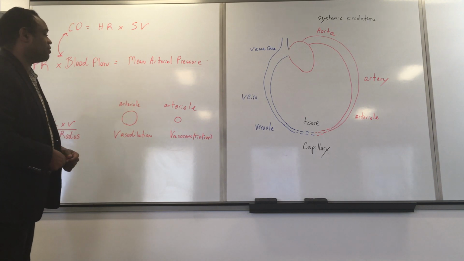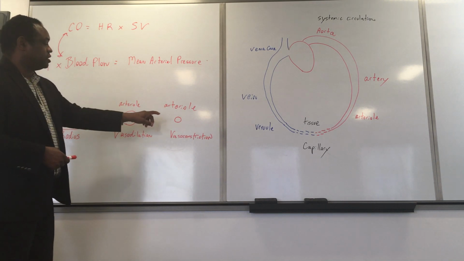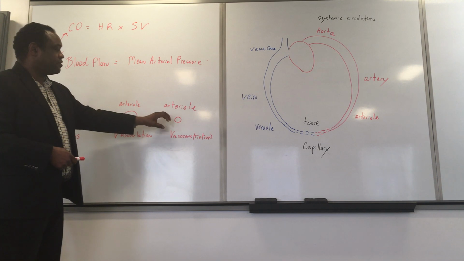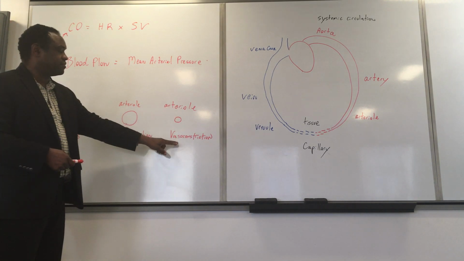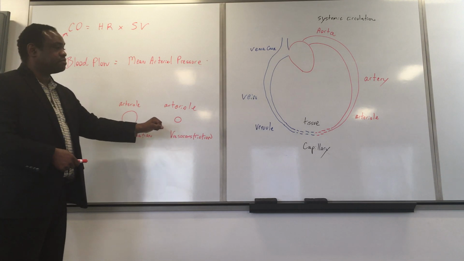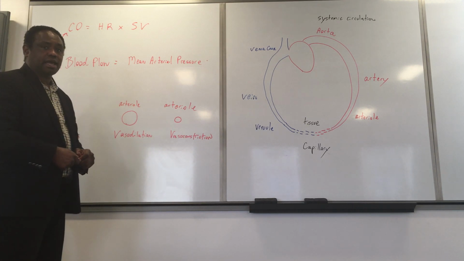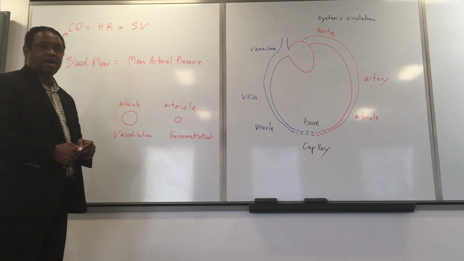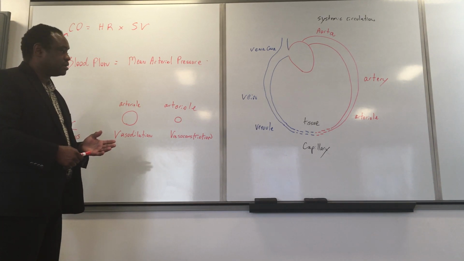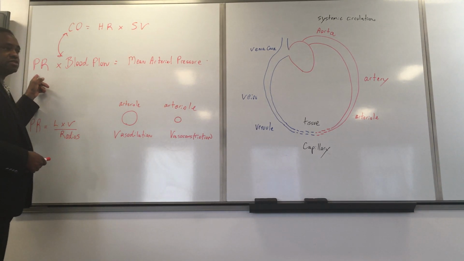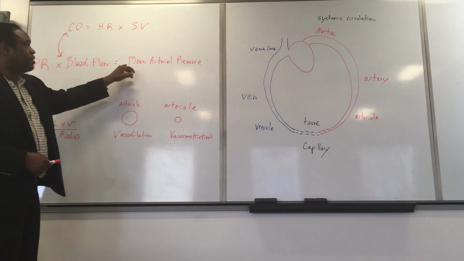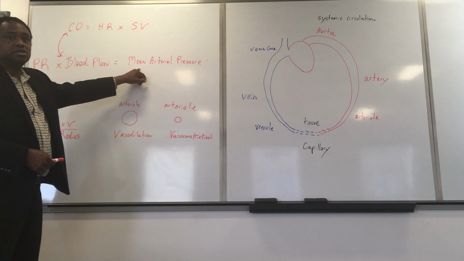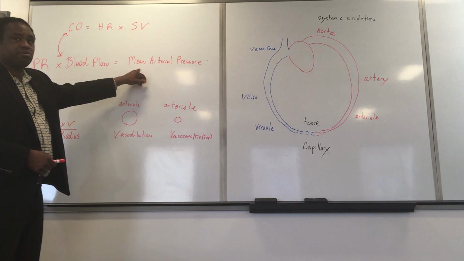Let's do that now. If I'm contracting more of the smooth muscle in the wall of an arteriole, I get vasoconstriction. I decrease my radius and my diameter. That's Interstate 95 being only 1 lane. Now what happens to peripheral resistance? I increase peripheral resistance. Now it's directly proportional to pressure, and so I've increased my mean arterial pressure.